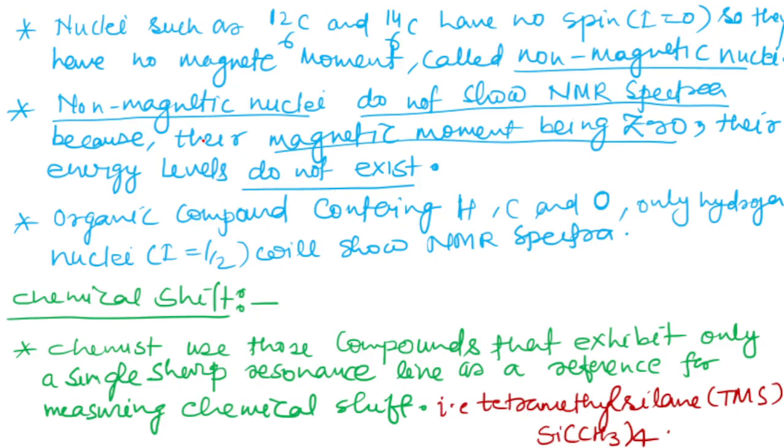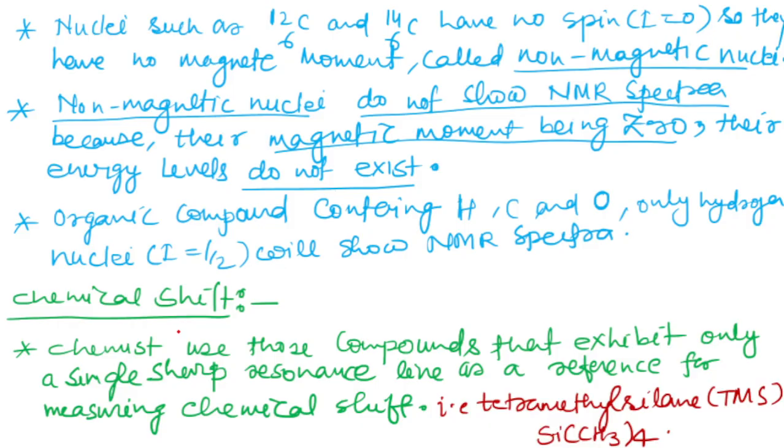These non-magnetic nuclei do not show NMR spectra because their magnetic moment is 0, so their energy levels do not exist. And what about organic compounds? In organic compounds containing hydrogen, carbon and oxygen, only the hydrogen nuclei, with I value half, will show an NMR spectrum, not carbon and oxygen.